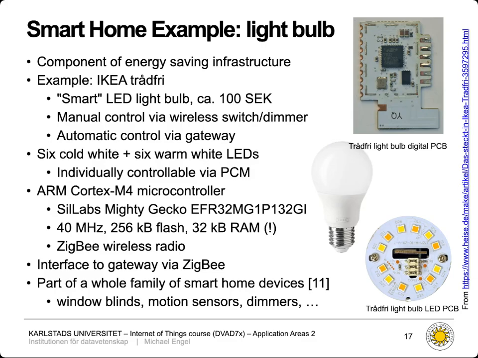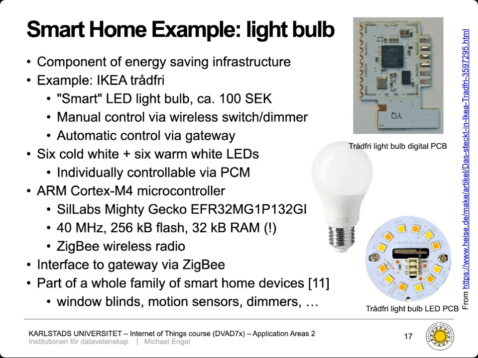You can also integrate this into your whole smart home system using a gateway, and this gateway connects, for example, to a number of sensors that can control lighting. For example, if you have motion sensors, then if some motion is detected, it can automatically turn on the lights. I mean, you've seen this functionality already, maybe in public buildings.